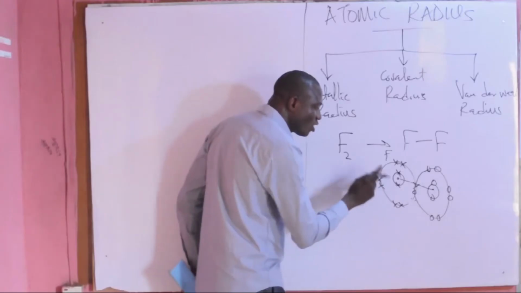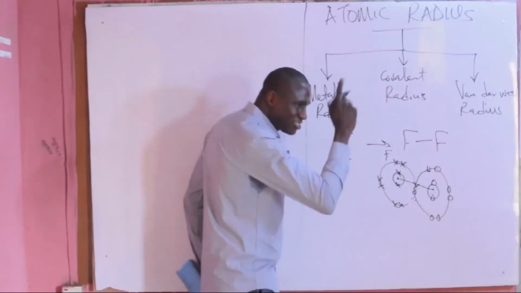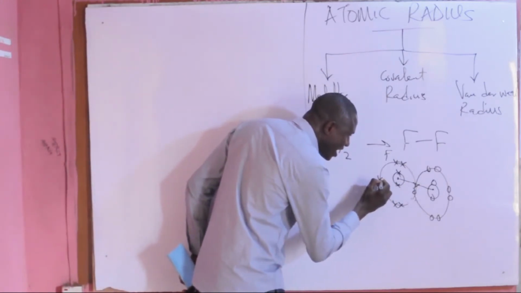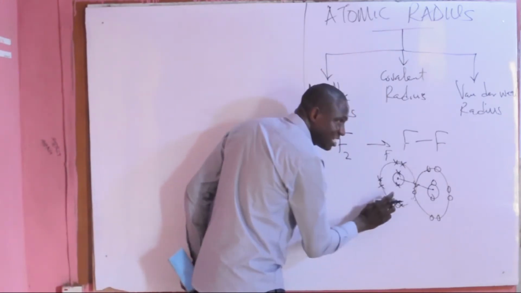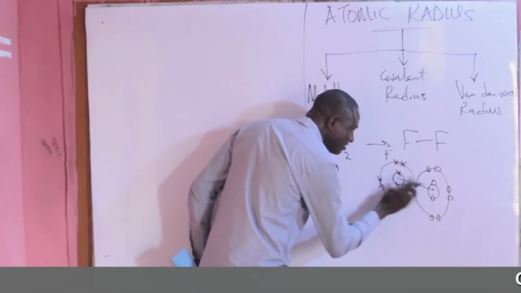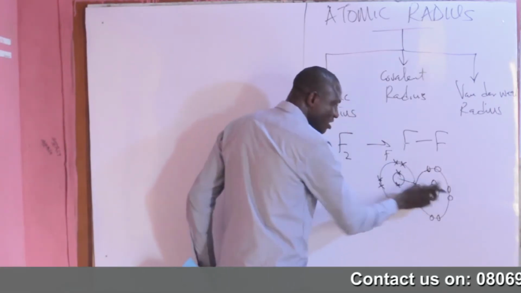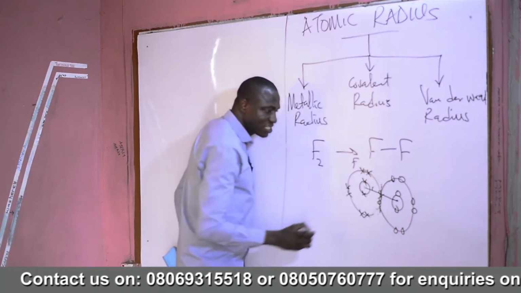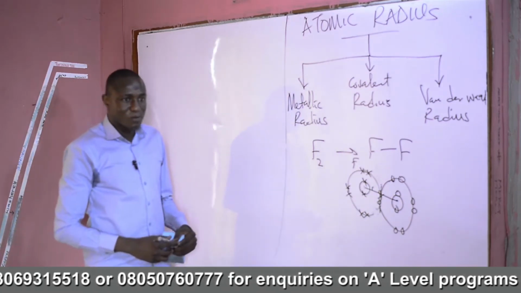And that must be equal to the diameter of a particular atom, because the distance from here to here is the diameter of this circle, and that will be equal to the distance from the nucleus of one atom to another. So half of that distance is what we call the covalent or atomic radius.